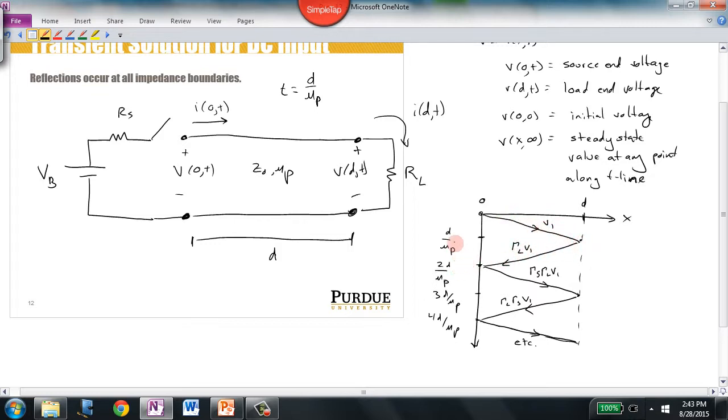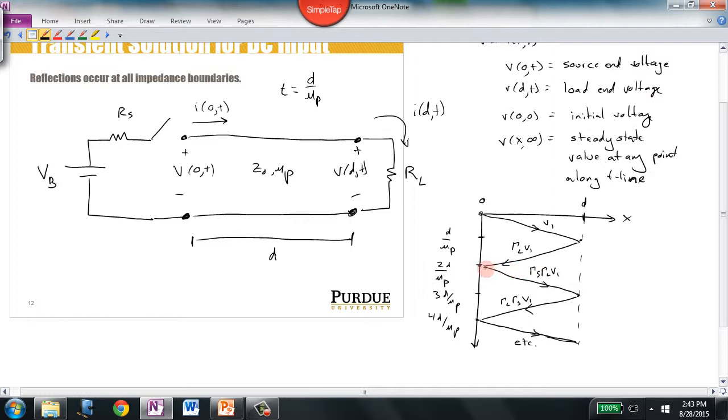Its value will be the voltage reflection coefficient times the value of the first forward voltage wave. That will also take d over mu sub p seconds, which means that the first reflected voltage wave reaches the input end of the transmission line at a total of 2d over mu sub p seconds. When it reaches this impedance boundary, depending on the value of the reflection coefficient at the input end, there may be another voltage reflection.